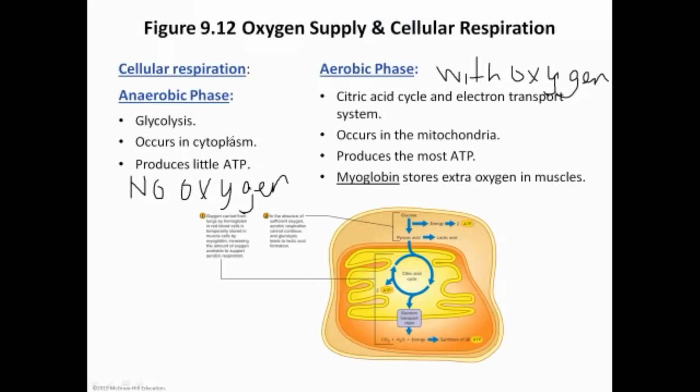But in anaerobic glycolysis, you're going to be breaking down glucose into what is known as pyruvic acid. And so that is a step to know, that glycolysis is the splitting of sugar into what is called pyruvic acid. And when this happens, you do produce a little bit of ATP, but you don't produce a lot.